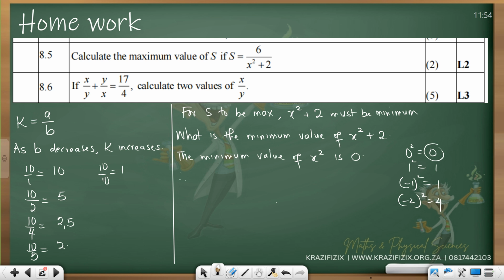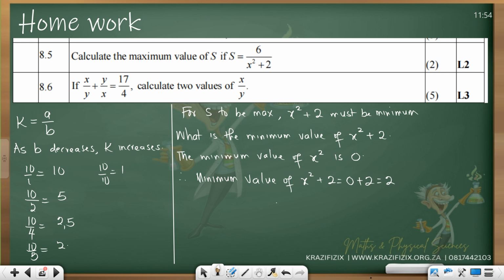Therefore, minimum value of x squared plus 2 is 0 plus 2, and the maximum value of s will be 6 over 0 plus 2.